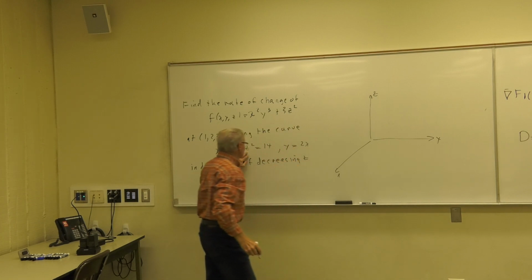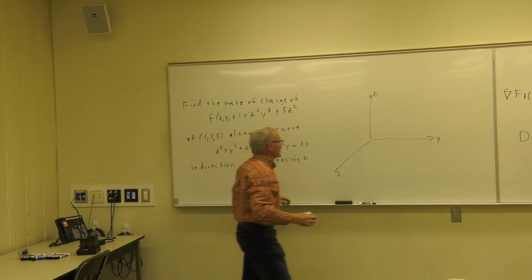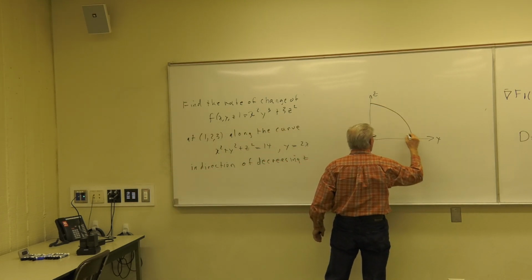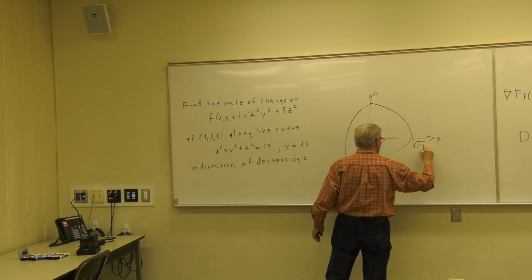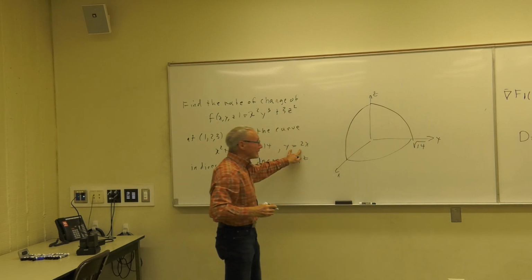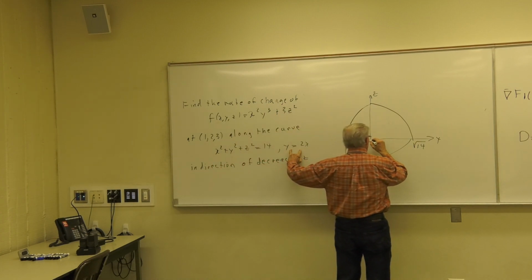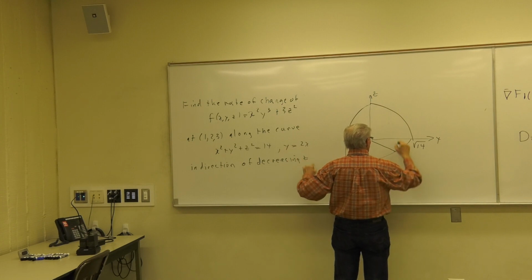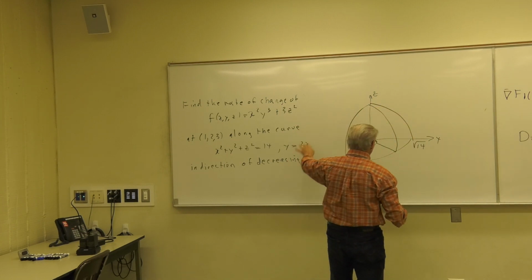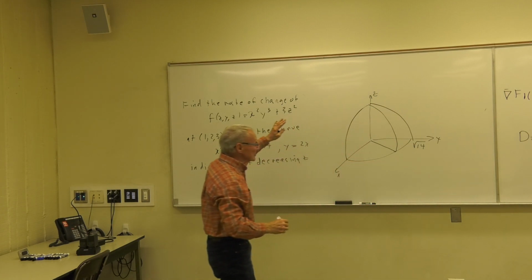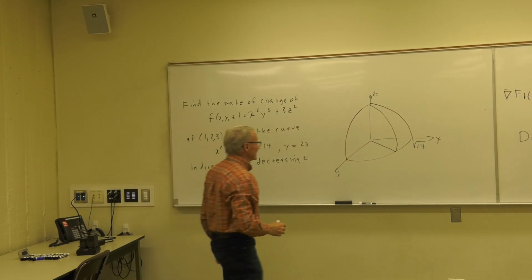That is a sphere centered at the origin, radius the square root of 14. This is a plane standing on the line y equal to 2x. I draw that plane and it goes all the way around. It's actually a circle in that plane y is equal to 2x.